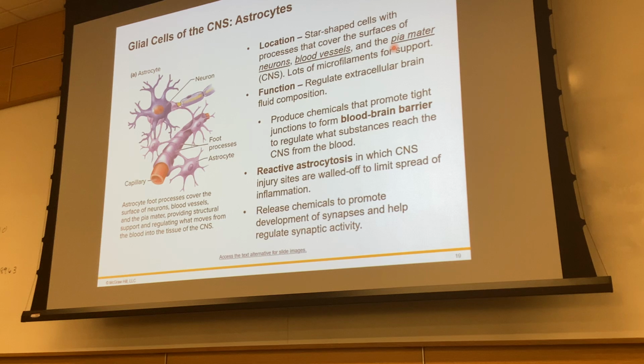I haven't talked about the layers of coverings on the brain or the spinal cord, but there are 3 layers: a superficial, an intermediate, and then the deepest layer, the pia mater, which is the layer by definition that touches the nervous tissue. So the combination of the pia mater covering the neuron and the astrocytes covering the neuron, those 2 things work together in supporting and protecting the neuron itself.